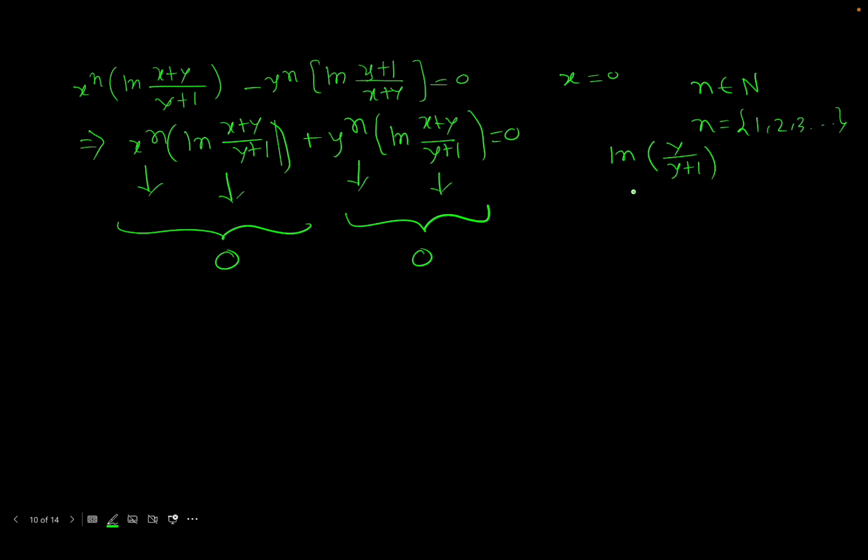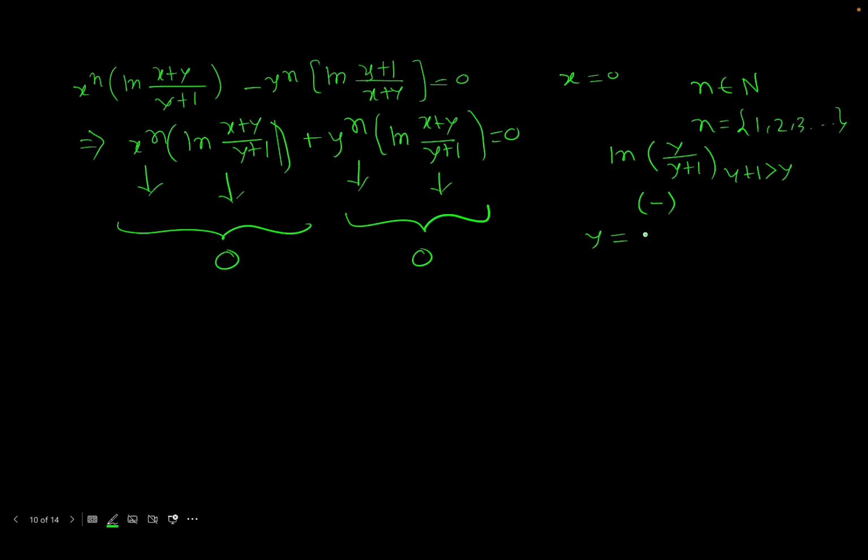That means this ln term will be negative, because y plus 1 is always greater than y. So the total value will be negative, but the right side is 0, so it will not be a solution of this problem.